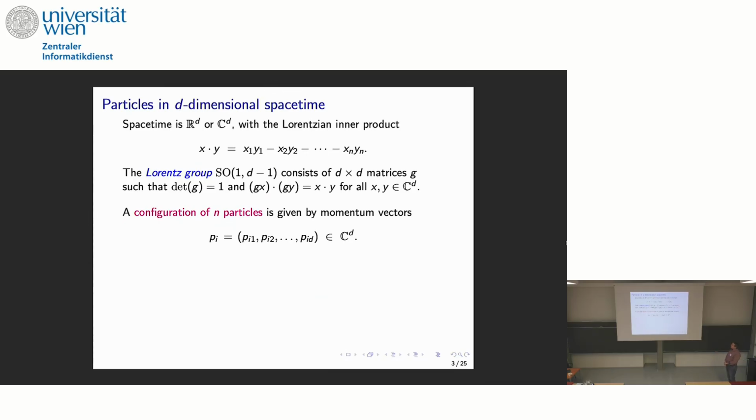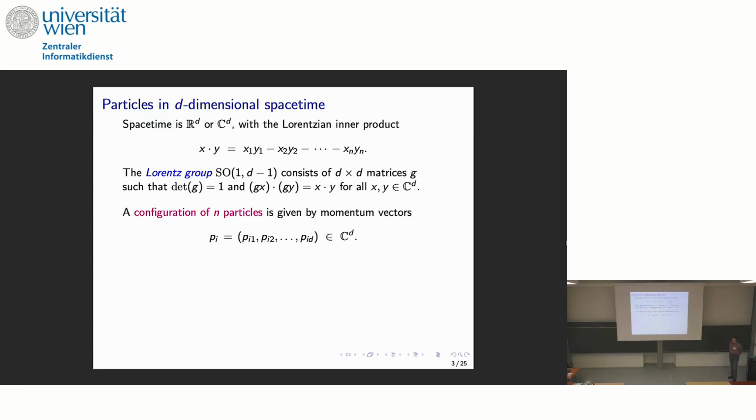On this vector space, we're going to fix the Lorentzian inner product. The dot product between 2 vectors x and y is almost the usual dot product, except we start with plus, minus, minus, minus. So this is signature (1, d minus 1), and this n is a typo that should be a d.